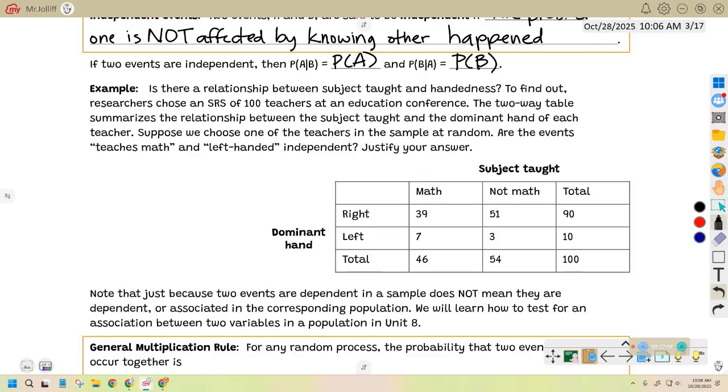So let's go ahead and calculate these probabilities. Let's call teaches math A and left-handedness B for ease here. So I want P(A), I want P(B), and then I want P(A given B) and P(B given A).